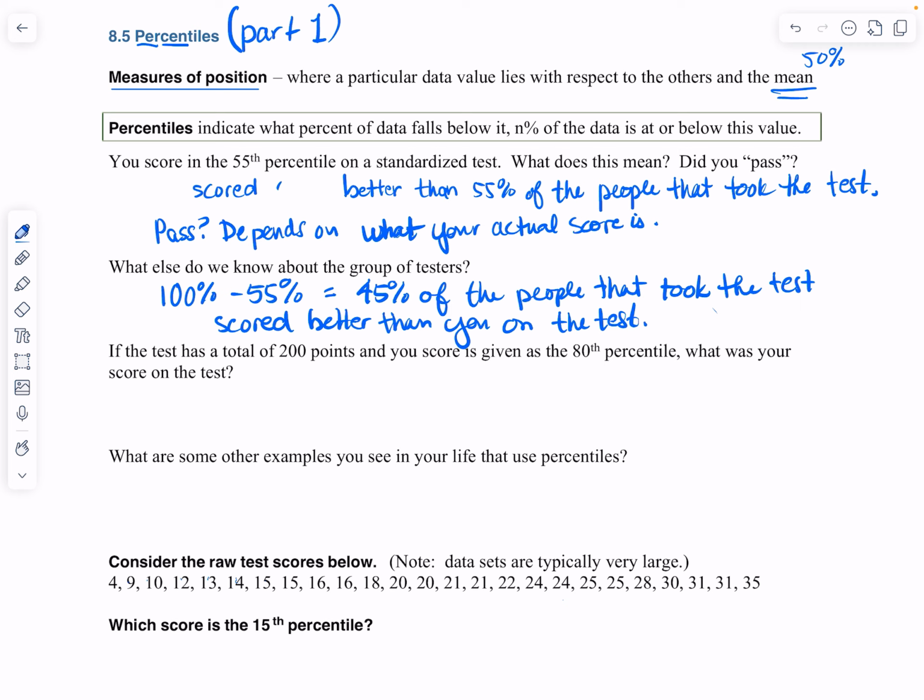I don't know what the actual score is, but let's find out what position that's in. We know it's the 80th percentile, so 200 times 0.80, because remember we're dealing with percents. That gives me 160. So that would be the value at the 80th percentile.